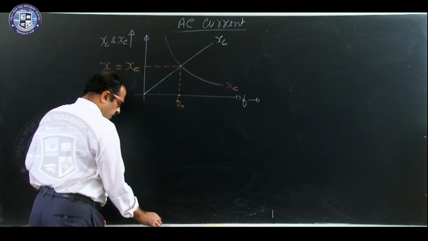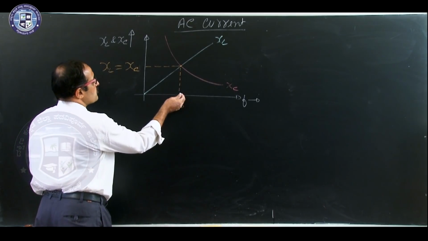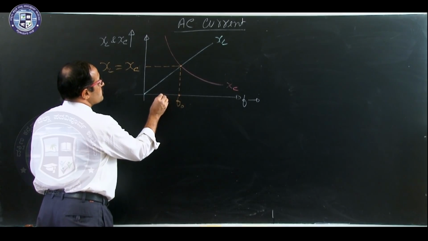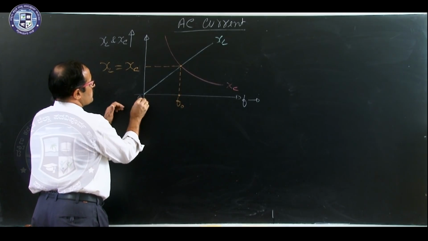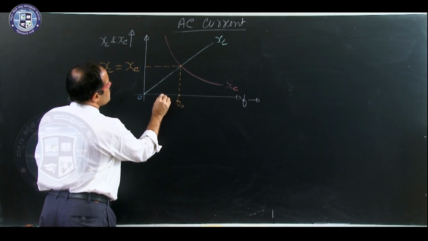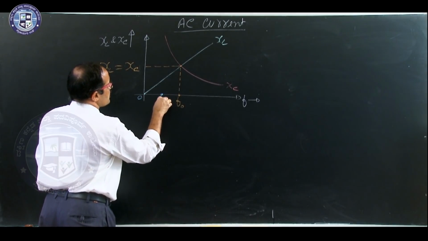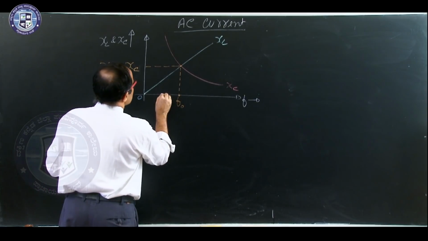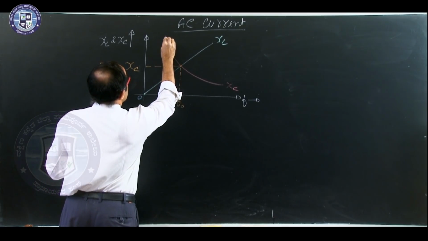Now, we take any frequency less than the resonant frequency, somewhere here between these two. You take any frequency. You take the frequency as F1 and you draw a vertical line.